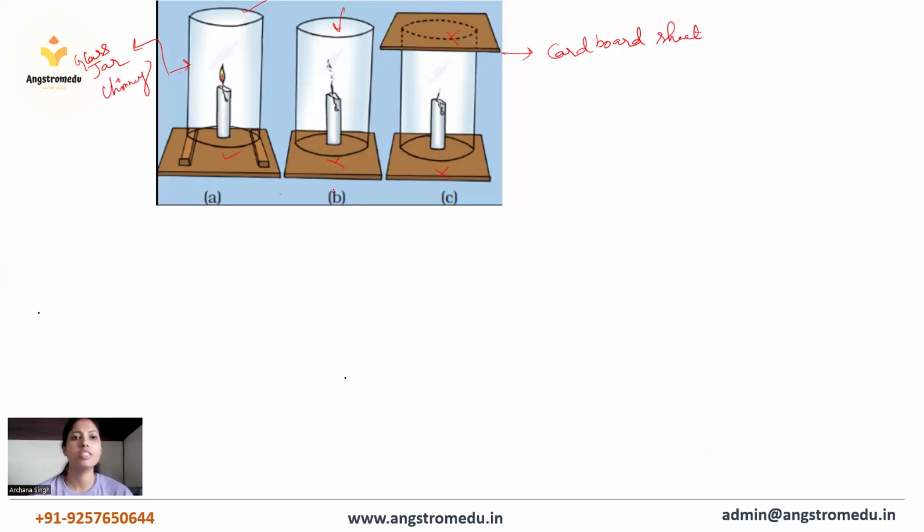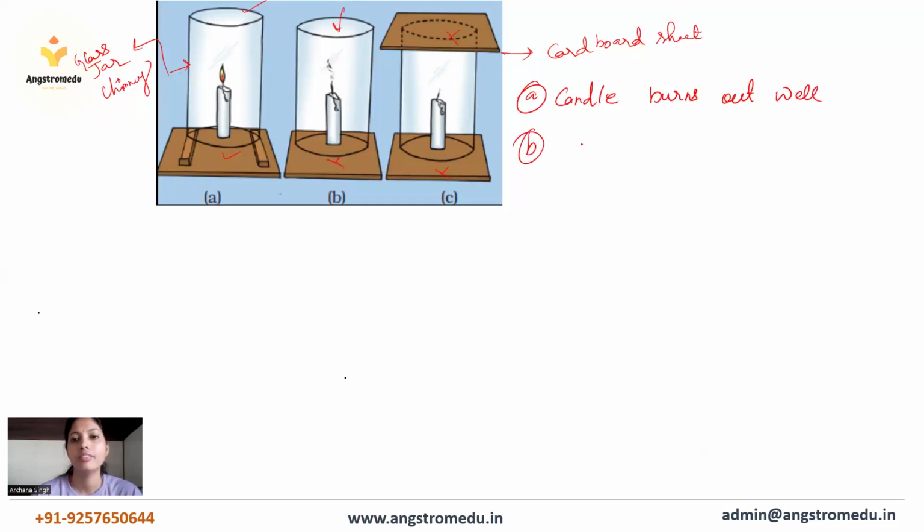Combustion is nothing but burning of a substance, right? I agree that there is a process behind it, but in general, combustion is burning of a substance. Now in the first case, the candle is burning nicely. The candle burns well.